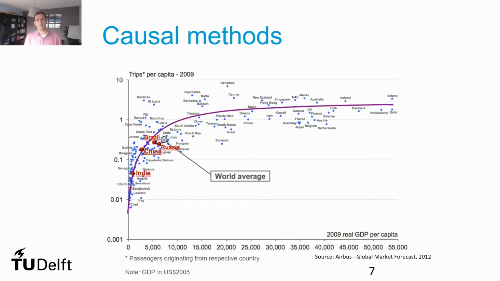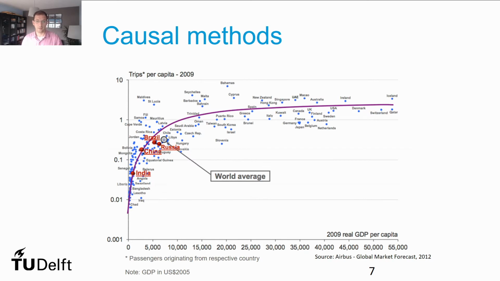Okay, but what we observed so far are methods that only relate demand with time. But it's easy to understand that there are factors that cause the variation in the demand that we have observed in the past. One of them, which is really well known for air transport, is the relation between demand and GDP, let's say the economic power of the countries in which the trips are generated.